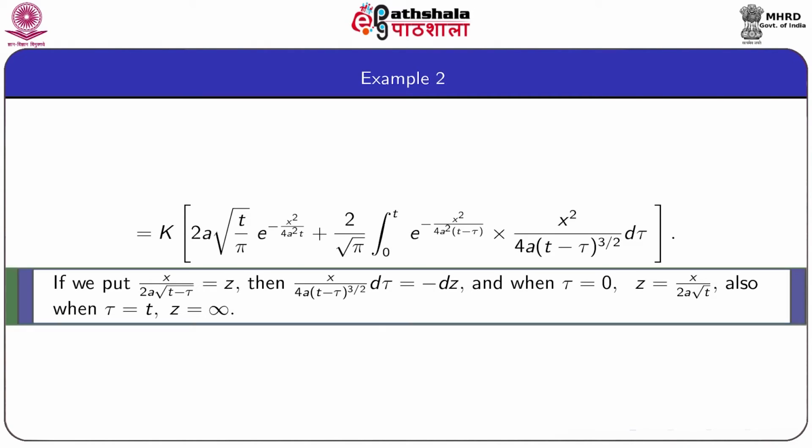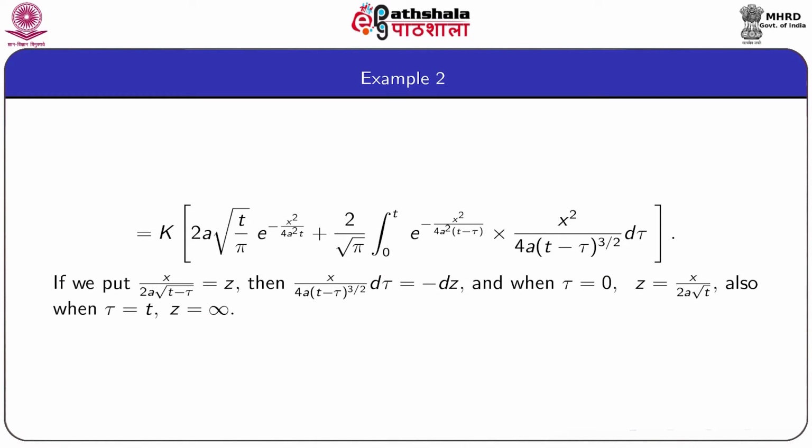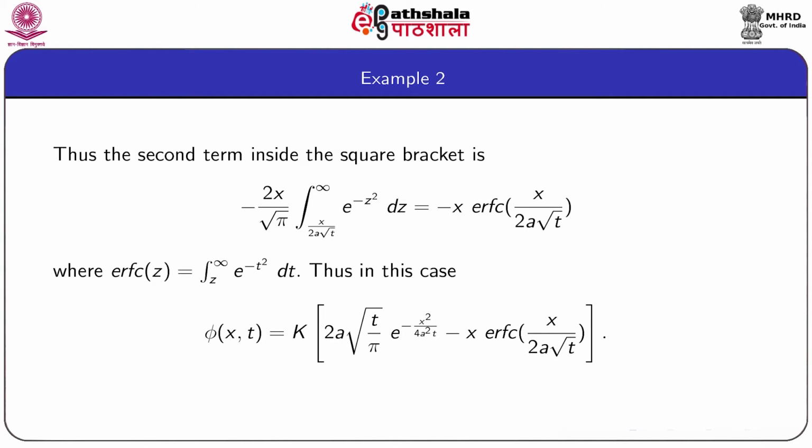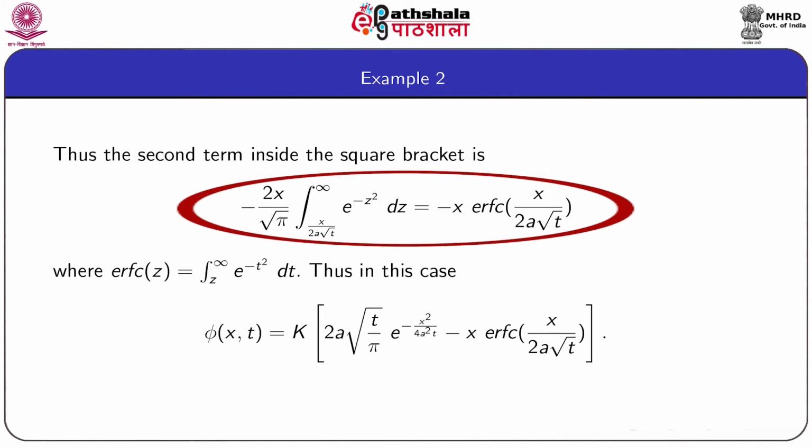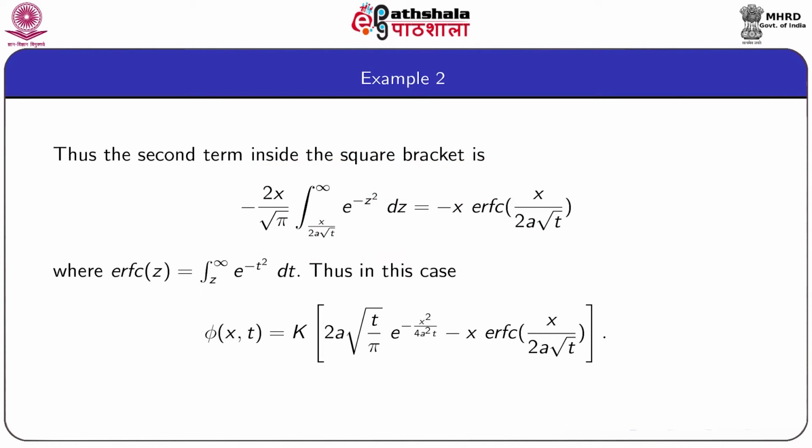Now, if we use the substitution z equal to x/(2a√(t−τ)), then this τ integral, after using these expressions, we obtain the second term inside the square bracket as 2x/√π integral from x/(2a√t) to infinity e^(−z²) dz.